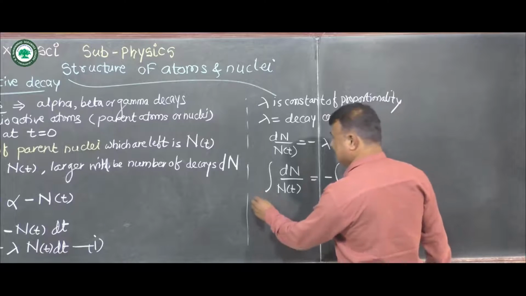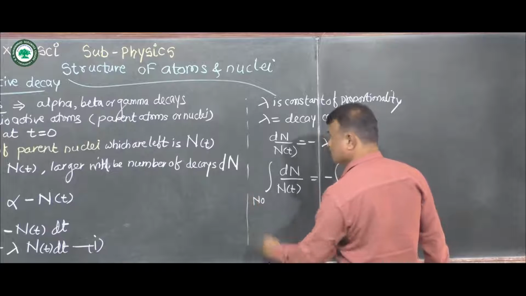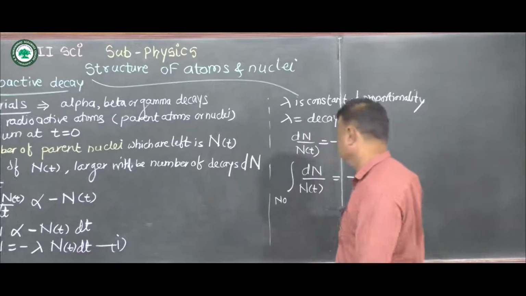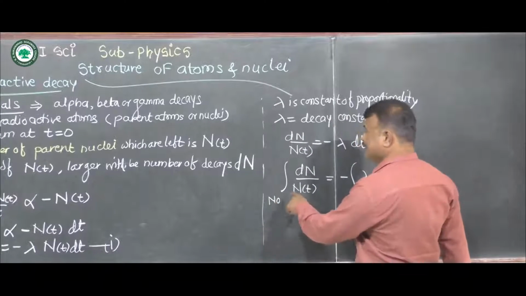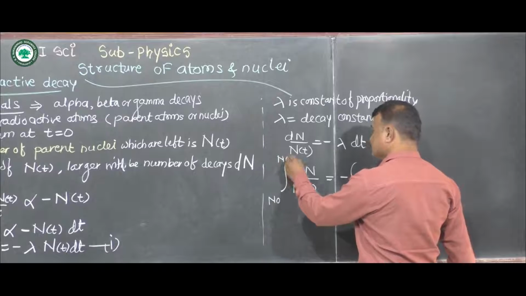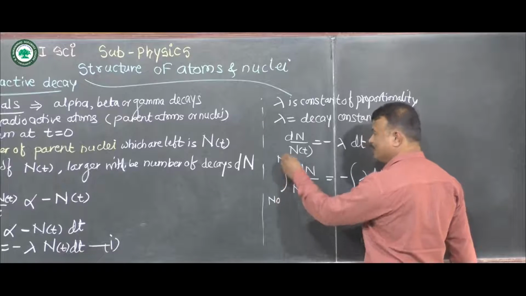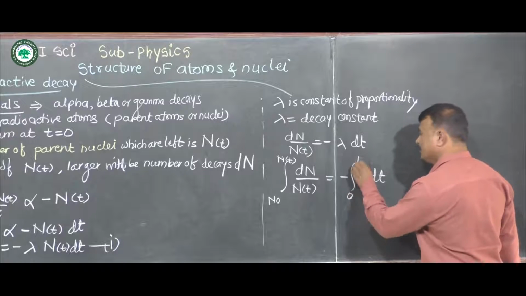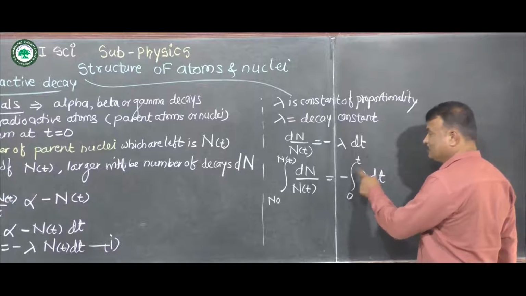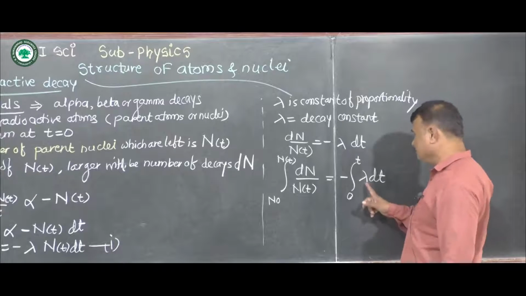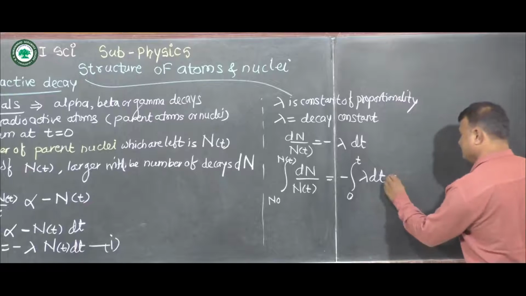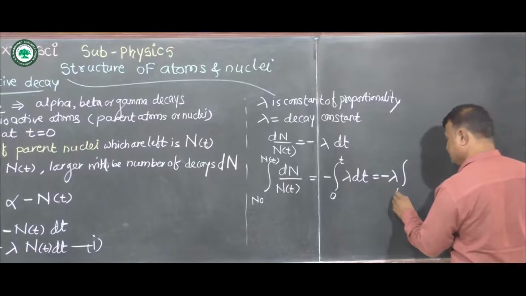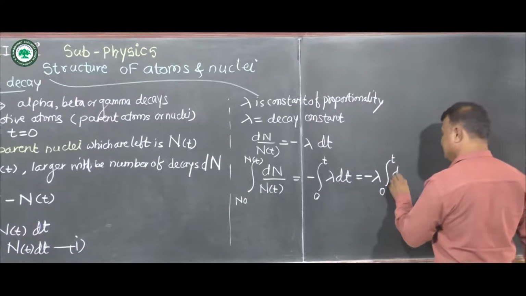The integration on the left starts from N0, because N0 is the number of radioactive atoms, and at time instant t it becomes Nt. For the right side, time goes from 0 to t. As lambda is constant, we take it out of the integration, so we write minus lambda into integration from 0 to t of dt.